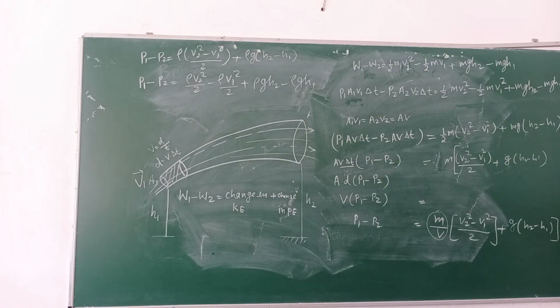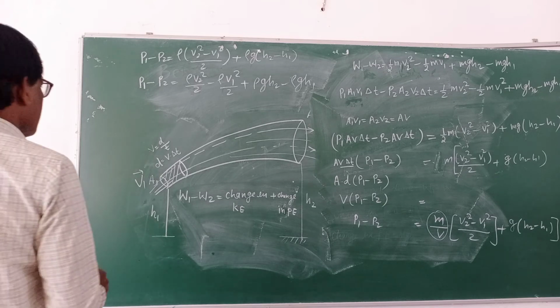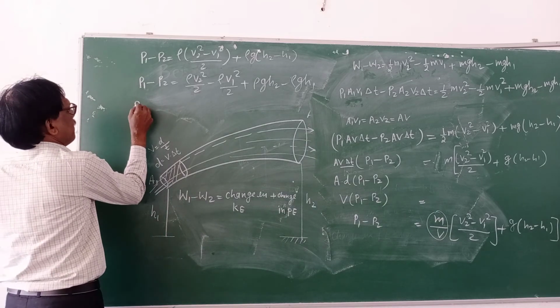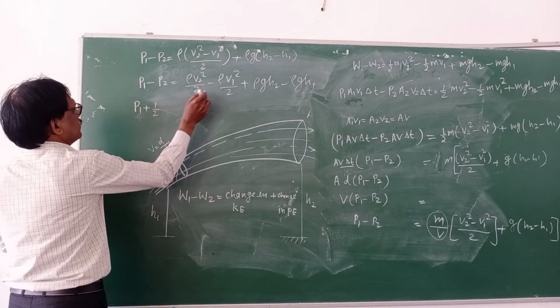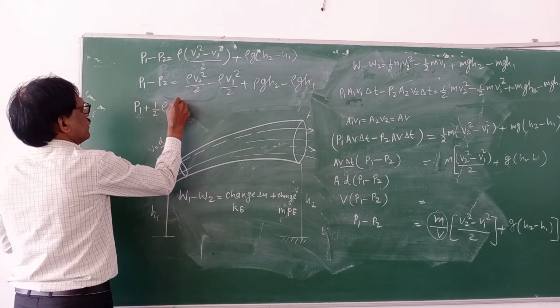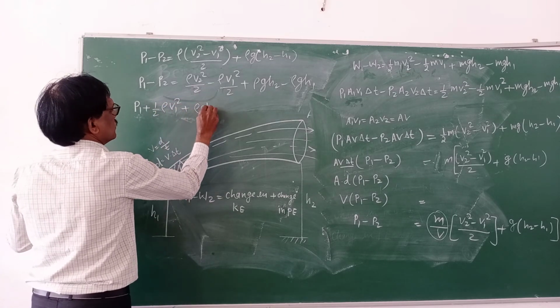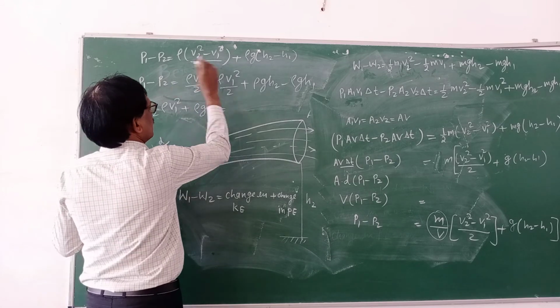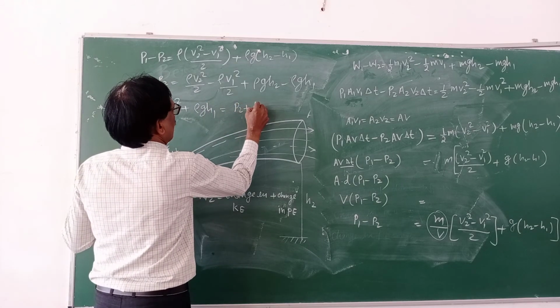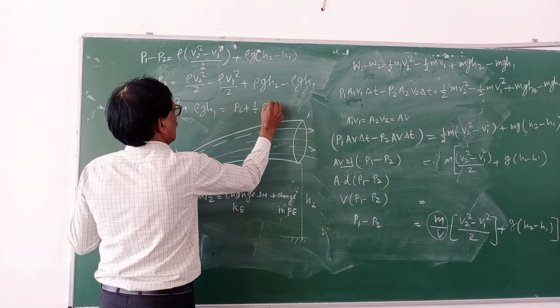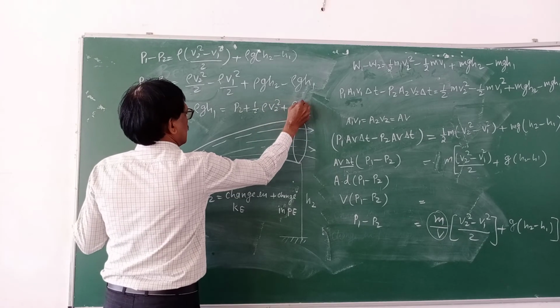Then bring 2 to one side and 1 to the other side. So P1 plus half rho V1 square plus rho g h1 will be on this side, and P2 plus half rho V2 square plus rho g h2 on the other.